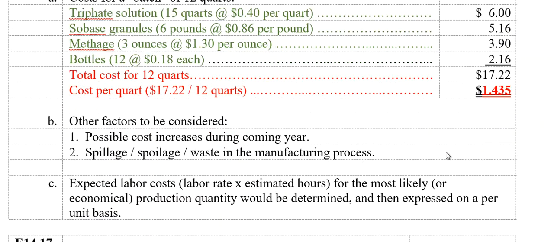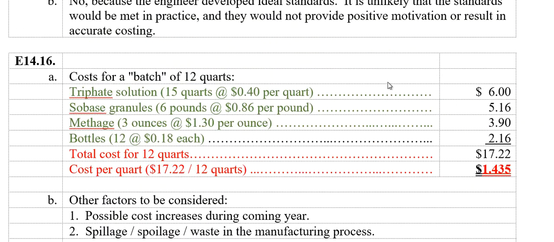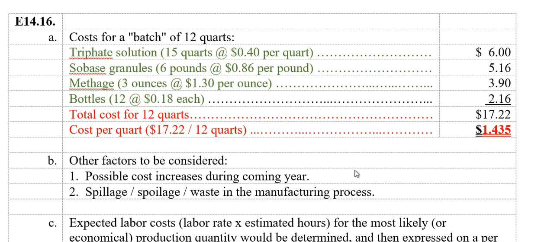And then it says, well, what else should you consider? If you're going to budget for this particular cost per quart, you have to consider things that are what we call qualitative, not quantitative in nature. And it is the possibility that costs for any one of these products may be going up next year, right?